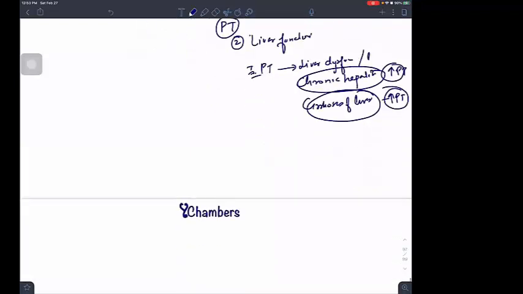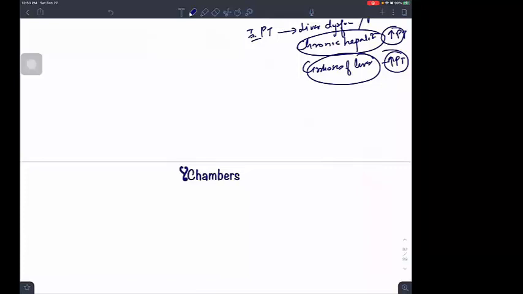Okay, so what else can you do with the PT? What else can a PT tell you? PT can tell you if you have a factor 7 deficiency or not. For example, I will tell you another test, that is APTT.